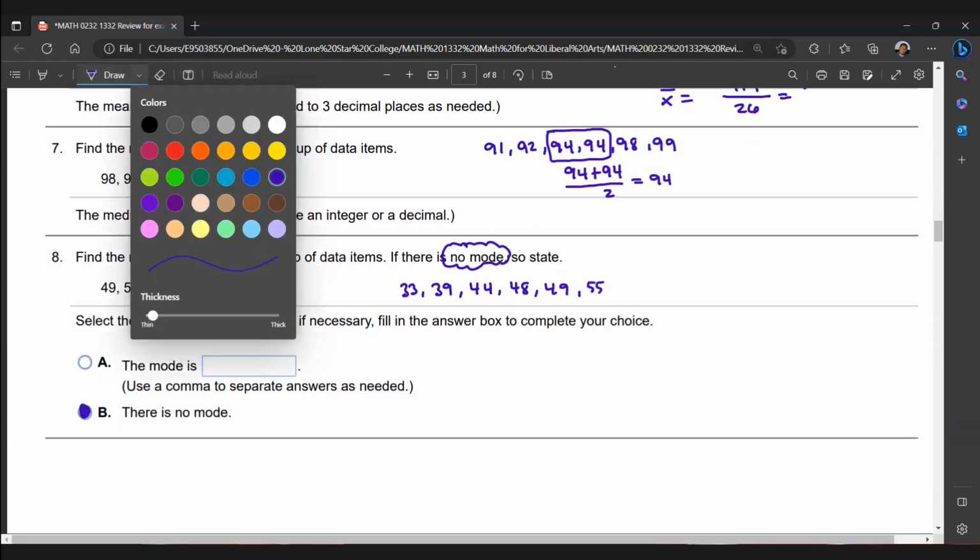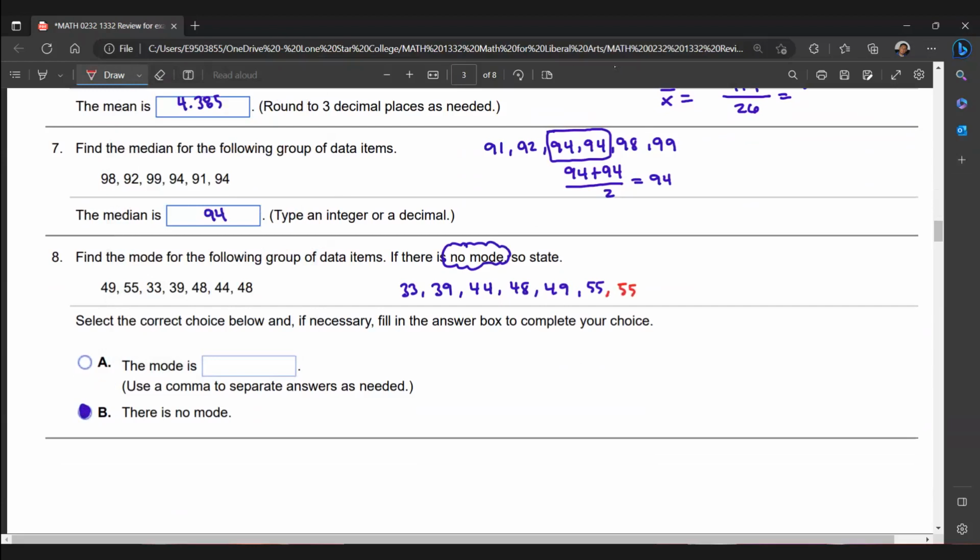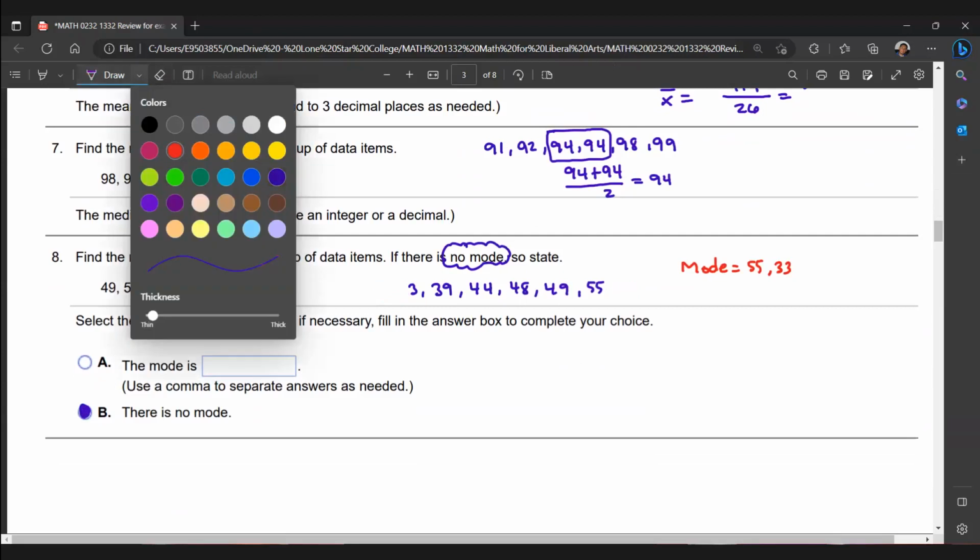For example, if there would have been another 55, then the mode would be equal to 55. If there would have been another 33, then the modes would have been 55 and 33. Okay, but in the example that we have, since all of the data items repeat only once, therefore there is no mode.